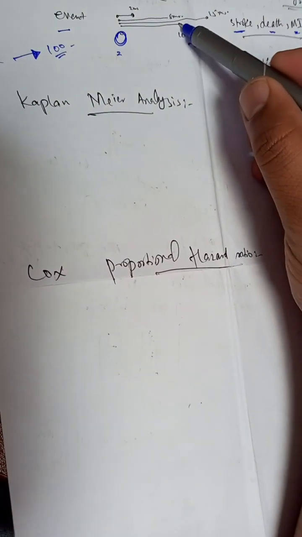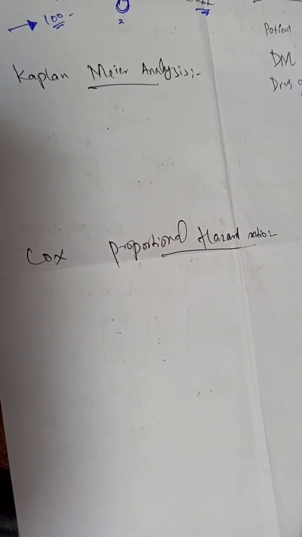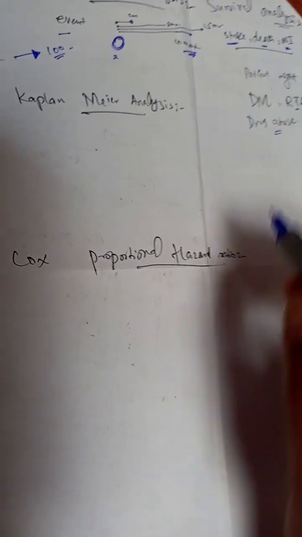The more we increase the time of observation, the more accurate our data is. And we are using the most commonly used methods in medical research, which are Kaplan Meier and Cox proportional hazard analysis.